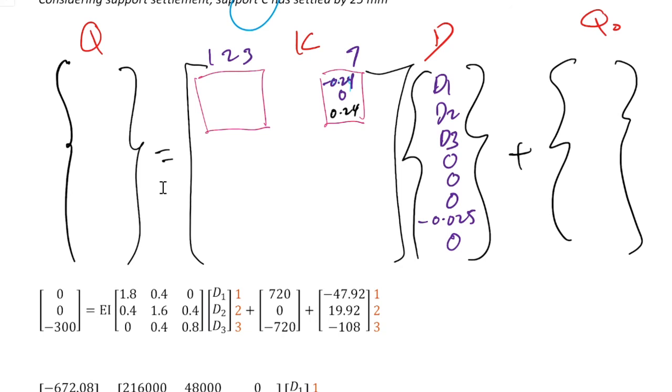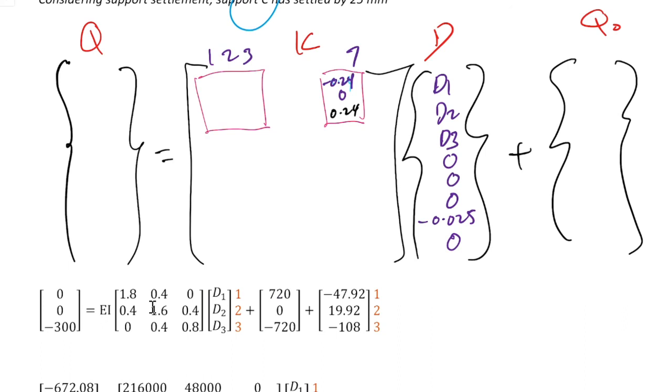So we get the new values of the unknown rotation, the non-zero degrees of freedom. For D1, it is negative 0.00292. For D2, it is also negative 0.000855.